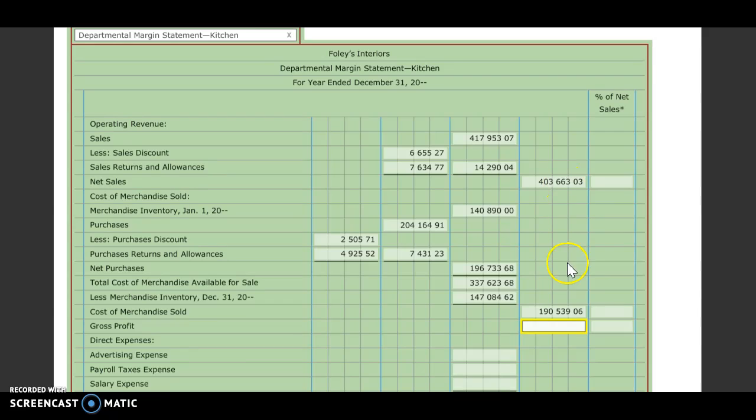We're going to take our net sales minus our cost of merchandise sold to get our gross profit. And we should get $213,123.97.